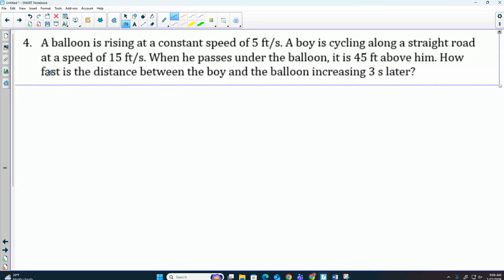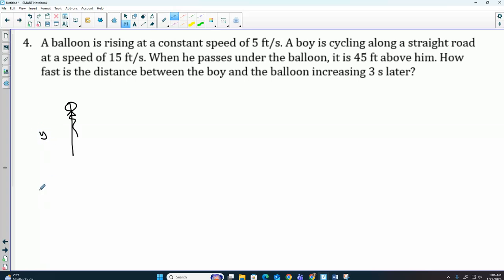Number 4, a balloon is rising at a constant speed of 5 feet per second. So my balloon is floating away. So I'm going to call this y. So if I gave you the rate it's rising, I gave you dy dt. Since it's going up, it's a positive 5.